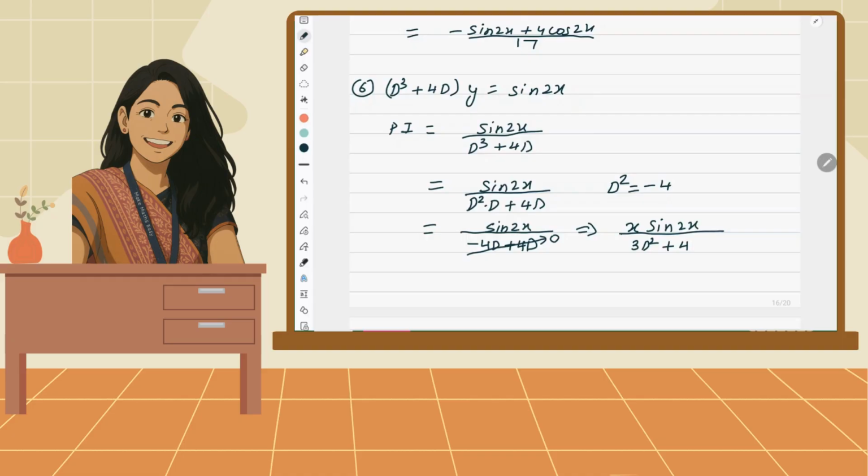And now you put d square is equal to minus 4. So in the next step, x sin 2x upon 3 into minus 4 plus 4. This is minus 12 plus 4, so minus 8. So my PI is minus x by 8 sin 2x.